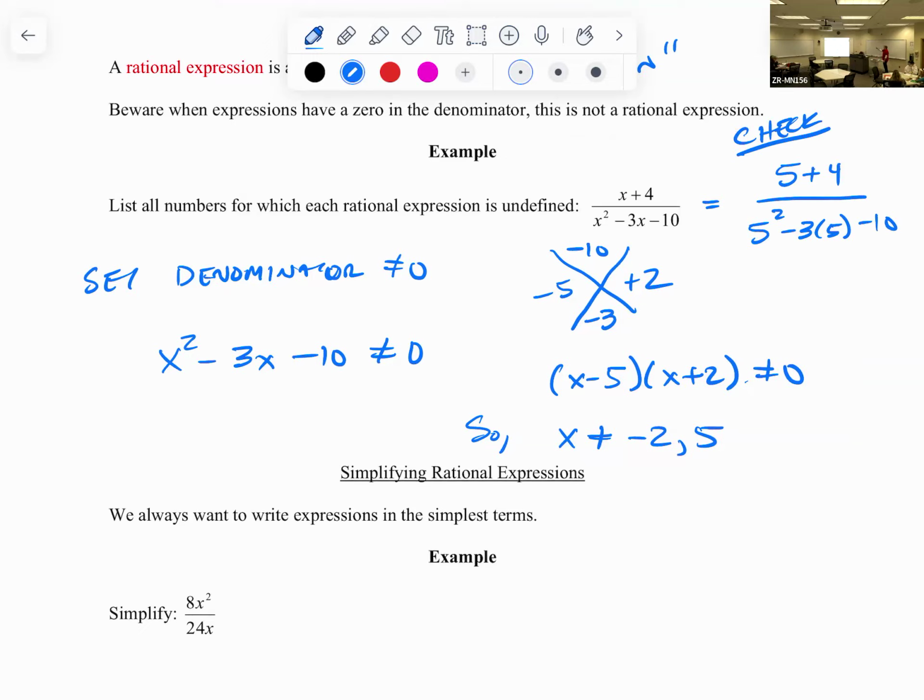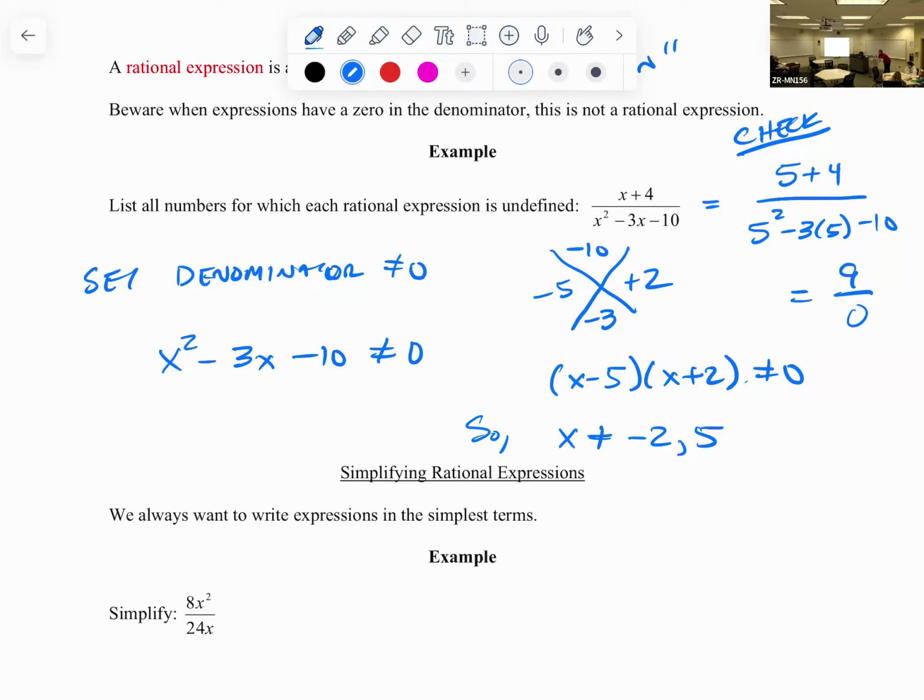And watch the check here. Just by plugging 5 in, in the top I have 9 in the numerator. 5 squared is 25, minus 3 times 5 is 15, minus 10, gives 0, which means that ended up undefined. So all we're trying to do is identify the values it cannot be because it would make the expression undefined.